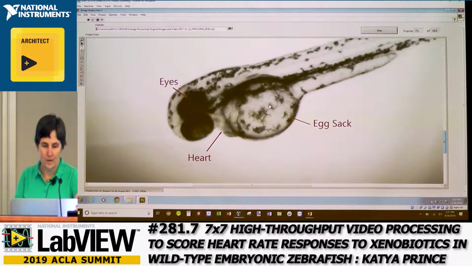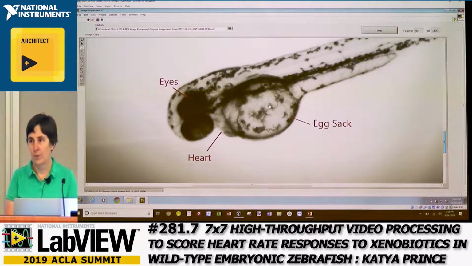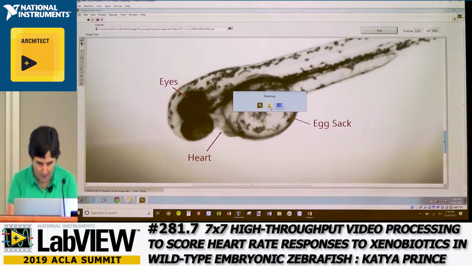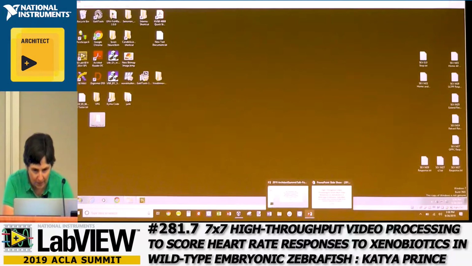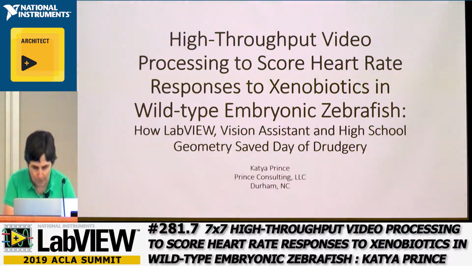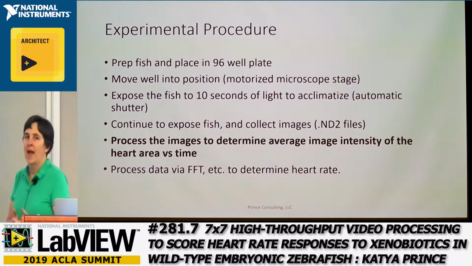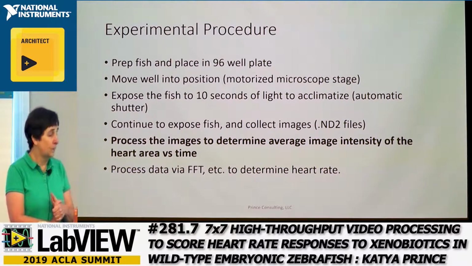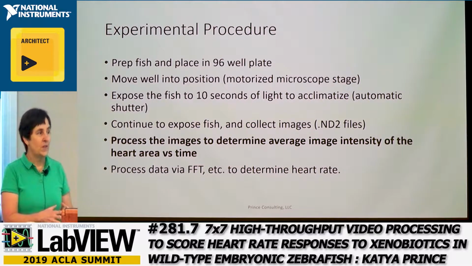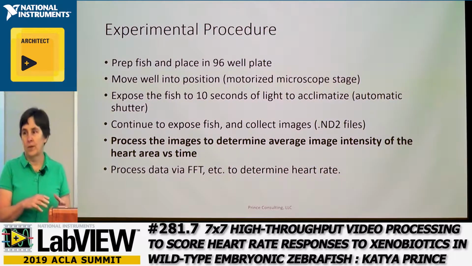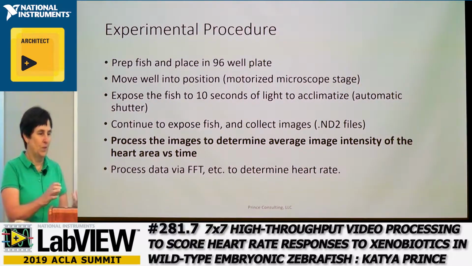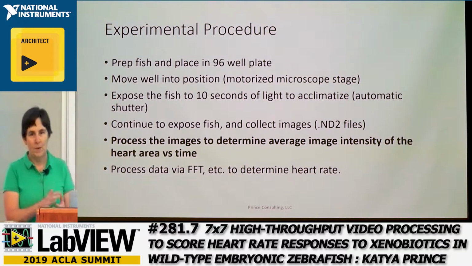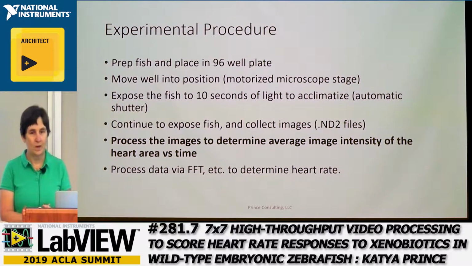This is a system where they had a procedure already in place, and I was brought in basically to make it go faster. The procedure they had was that they would prep the fish in different environments, so they would basically be different types of water or maybe some different toxins and whatnot.